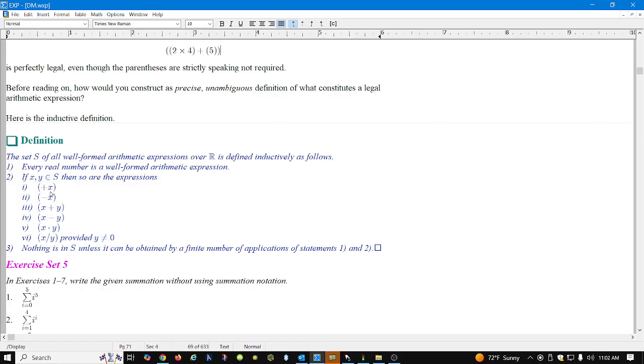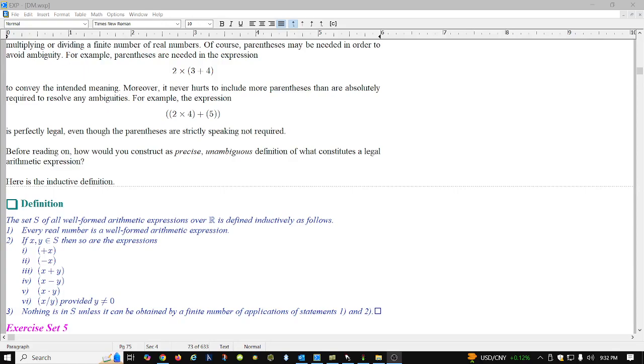Positive x with the parentheses around them, negative x, x plus y, x minus y, x times y, x divided by y, provided y is not 0, and the limiting clause.